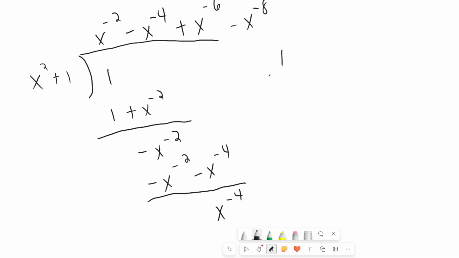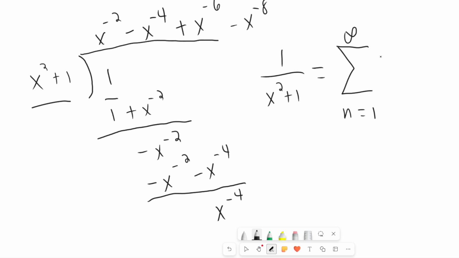So in other words, 1 over x squared plus 1, 1 divided by this, is equal to the sum as n goes from 1 to infinity of negative 1. Let's see, where do we start? We started at a positive value. So it's going to be negative 1 to the n plus 1 times x to the negative 2n.